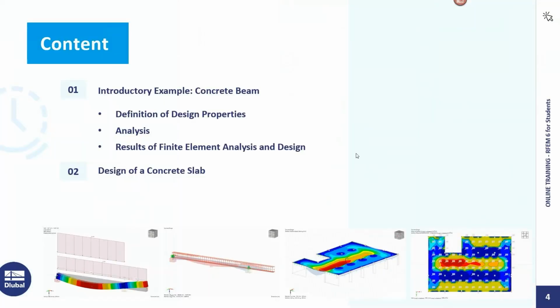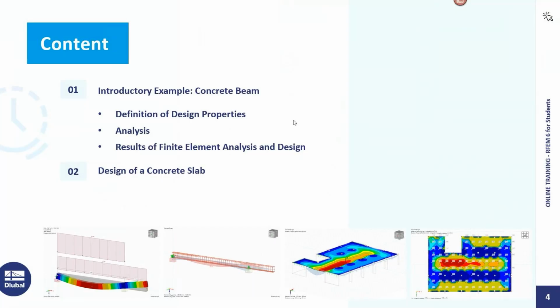We can go to content. This is the plan for our training today. We will at the beginning have a look at an introductory example, a concrete beam. We will model the beam, put the loads on it, and then we also will have a look at the design properties that we need for concrete design, and we will do the finite element analysis for our system and also the concrete design at the same time.